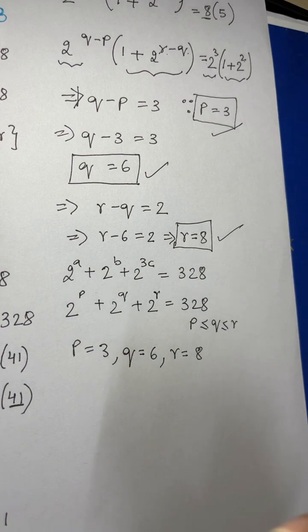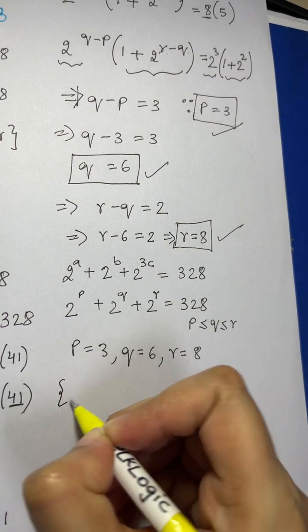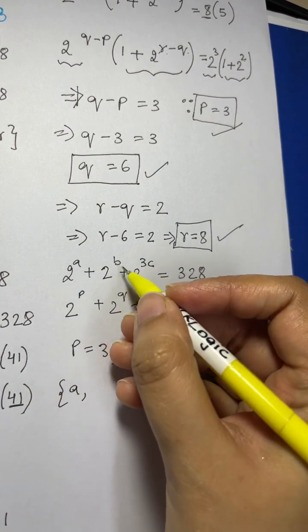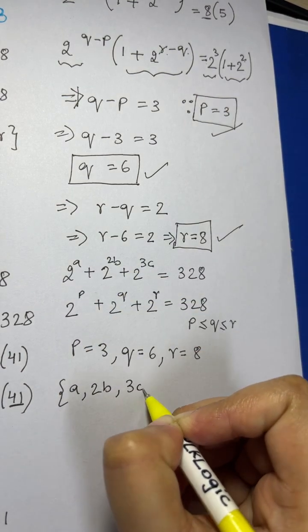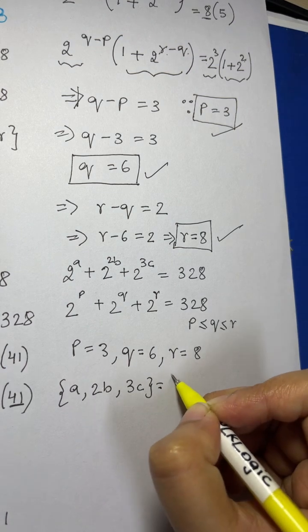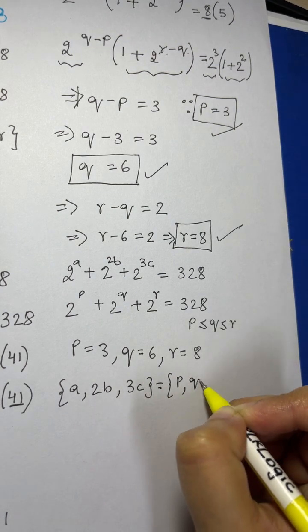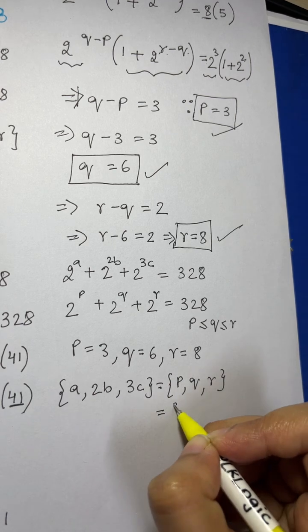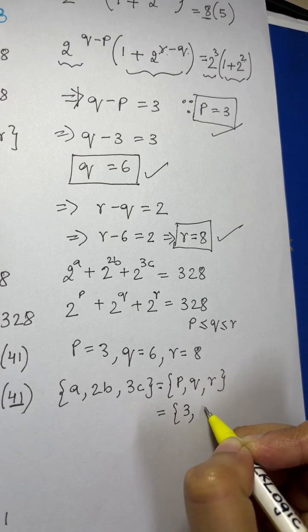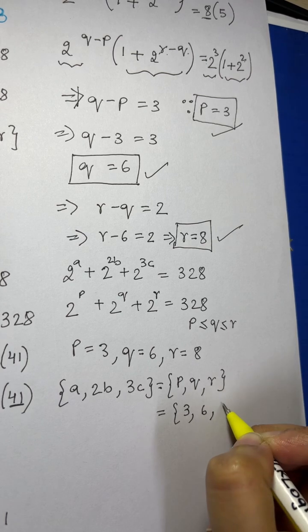Now we have the same thing. Let's write it down. A, then 2b and 3c is equal to p, q and r. This is what we have written, that's equal to 3, 6 and 8.